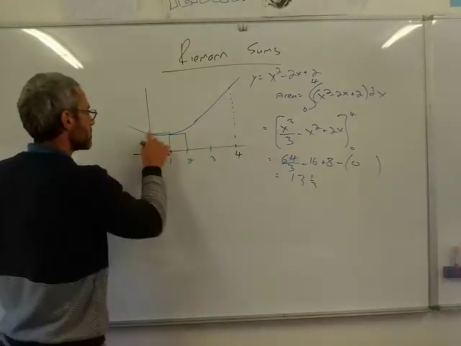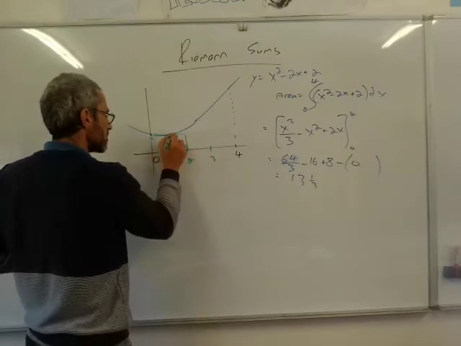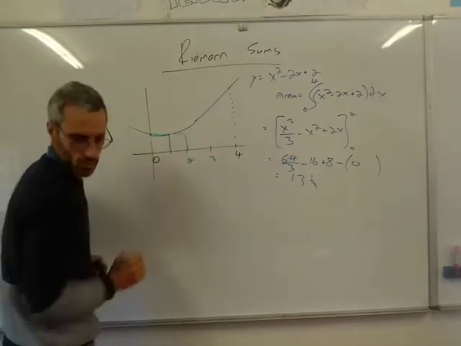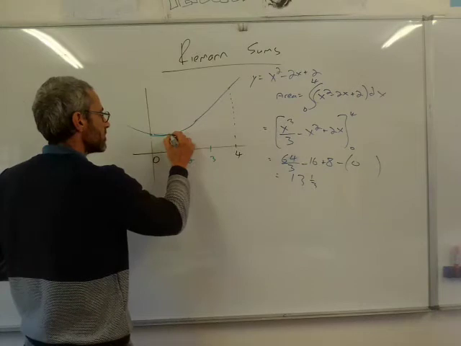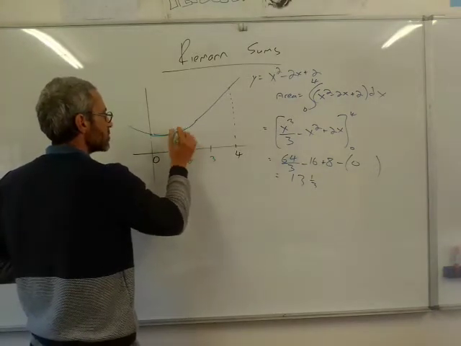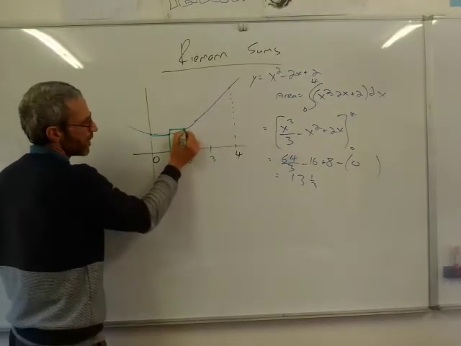I'm not really drawing it very well. Just a second. So this block, the value will be of the function here, at 1. And then the second block will be the value of the function at 2.